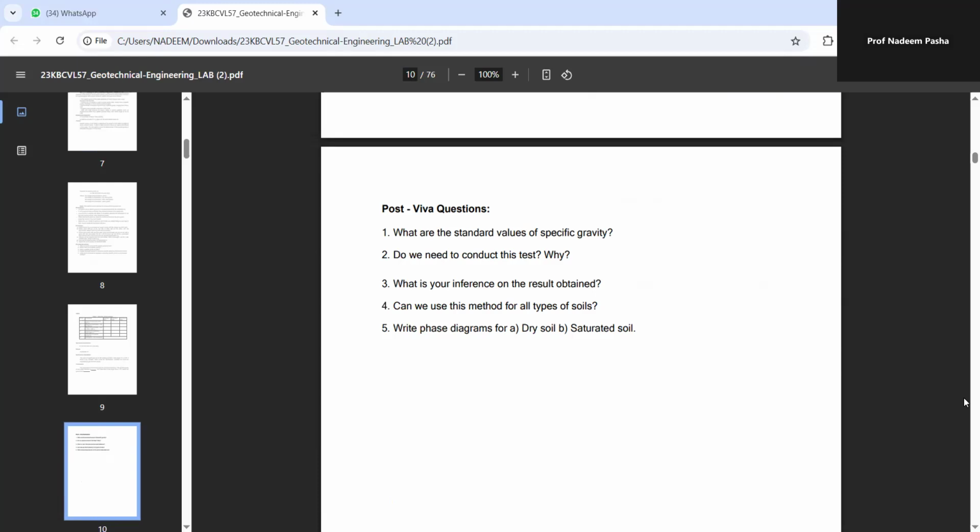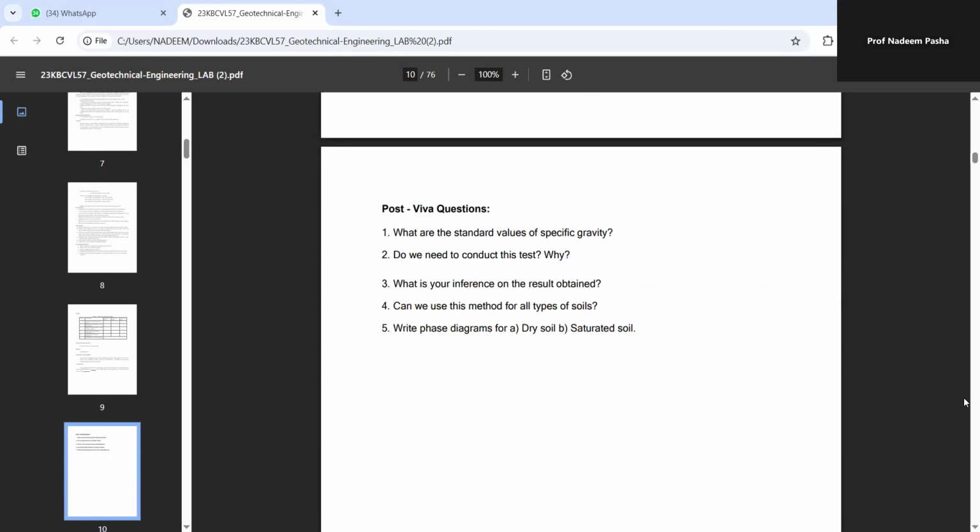After that, you have to completely fill the water up to the top. That weight you have to take, that will be W3. Finally, you have to remove everything and weigh again, that will be W4. If you use the formula G equals (W2 minus W1) divided by ((W2 minus W1) minus (W3 minus W4)), you will easily get the specific gravity value. So there is not much confusion in it. So our inference is that the result obtained is almost correct. Even if you get some error, you can once again carry out the test.